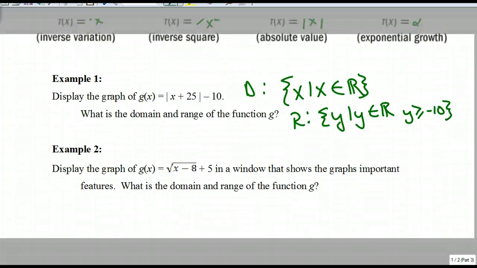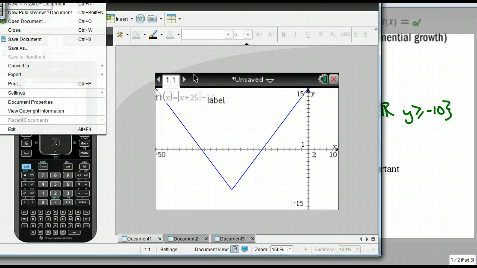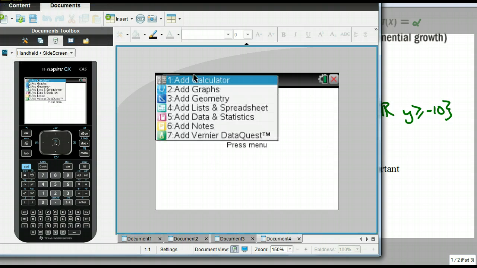The next one says to display the graph of the square root of x minus 8 plus 5 in a window that shows the graph's important features. So I'm going to open up a new page on this. I'm going to add a graph.